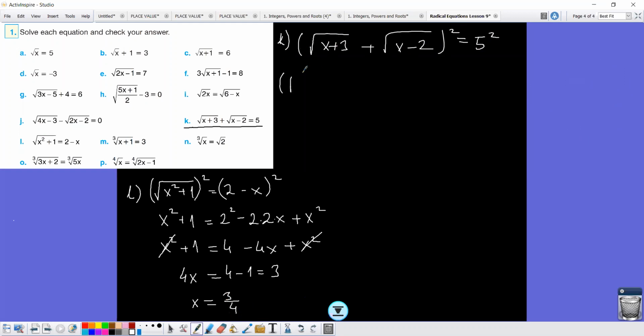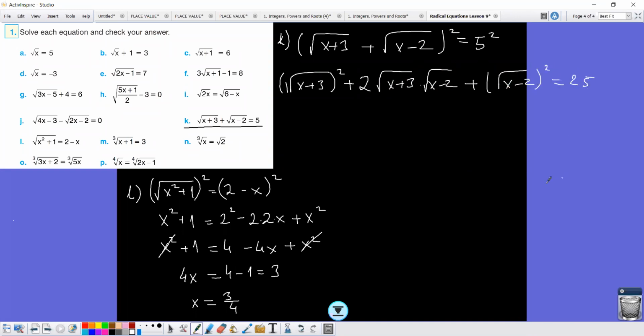So the square of the first one, x plus 3, teacher, plus the square of the second, plus 2 times root of x plus 3 times root of x minus 2, plus x minus 2, is equal to 25. Okay? If you do like this, you have a longer solution, as I said.